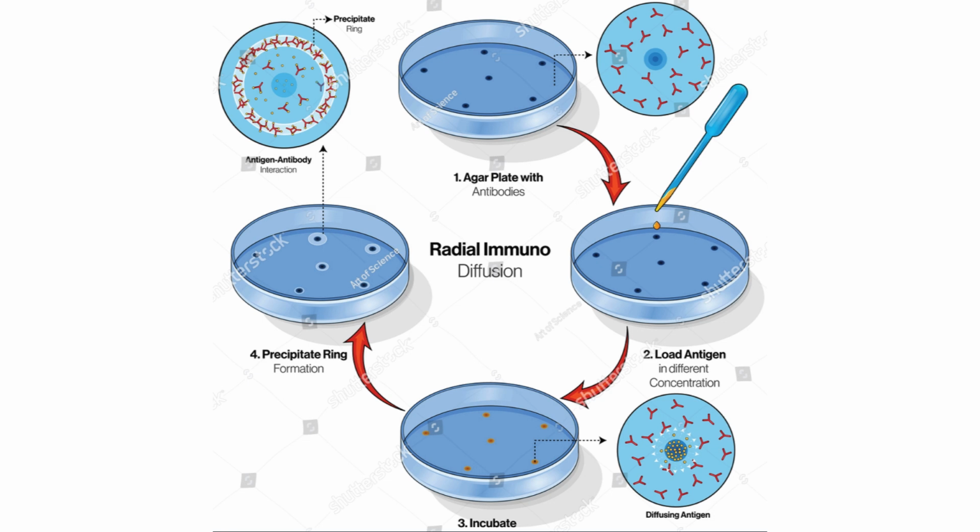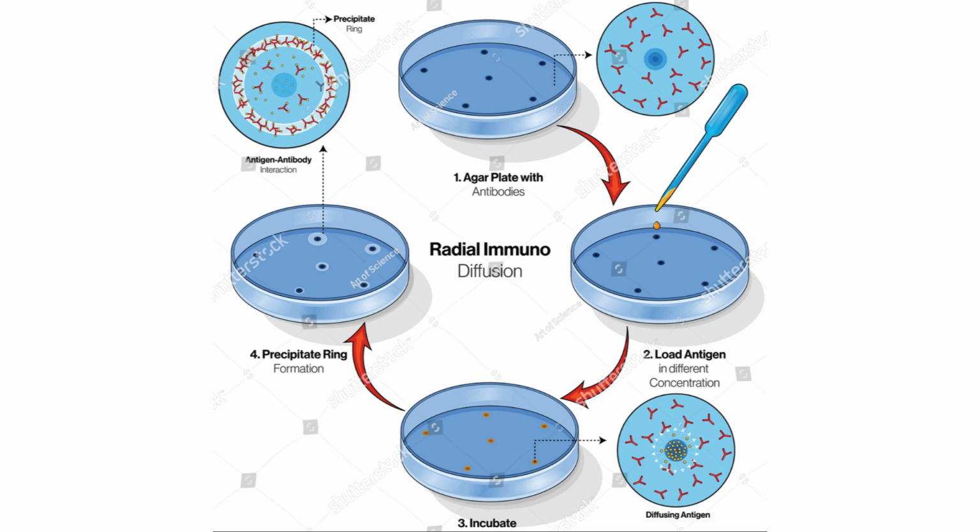This is a diagram showing how radial immunodiffusion is done. Agar plates are impregnated with antibodies, like this, followed by the loading of the antigen in different concentrations in the middle.